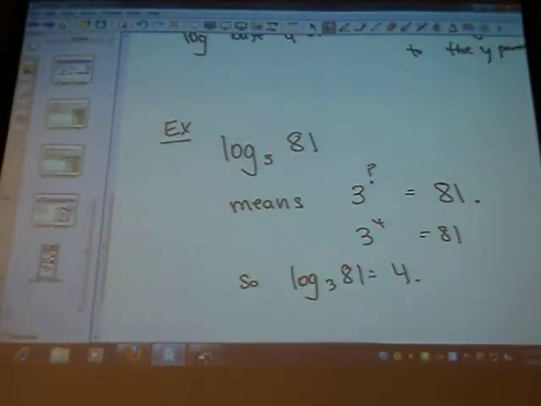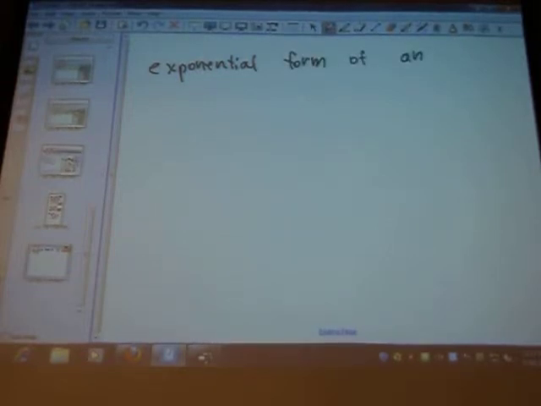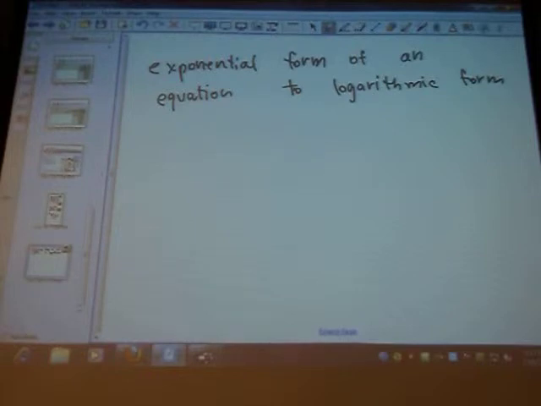Okay, now what we want to talk about is converting from exponential form of an equation to logarithmic form of an equation.